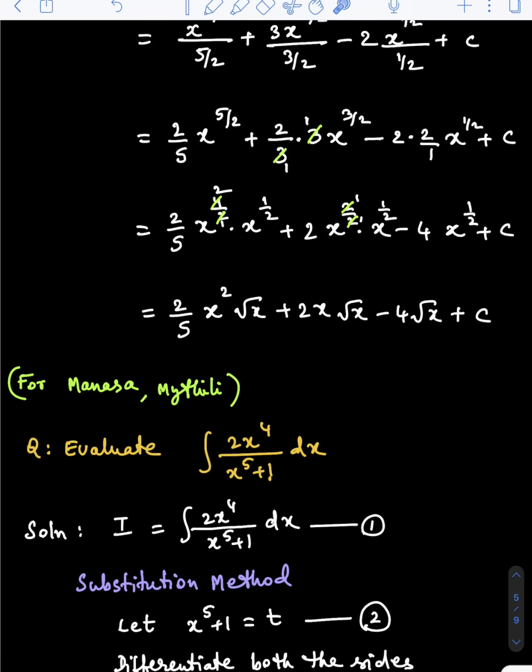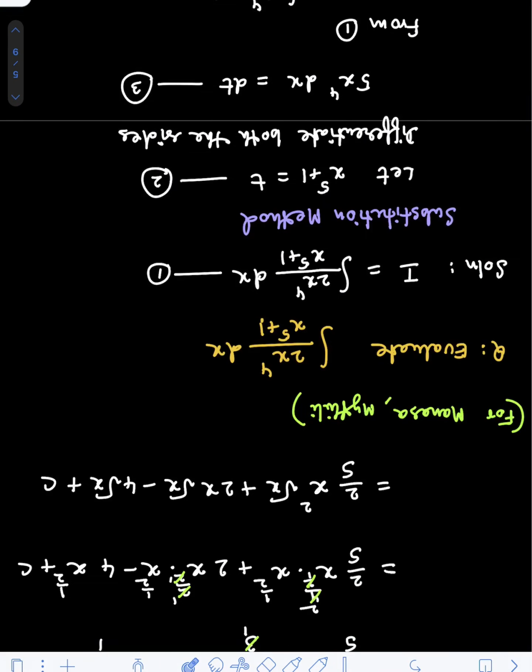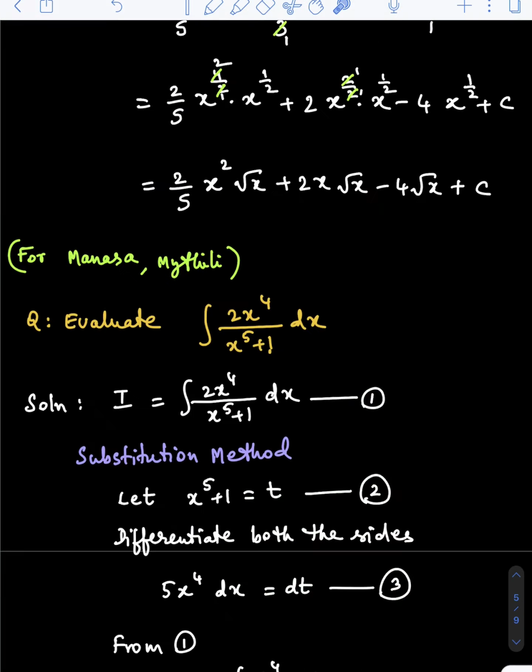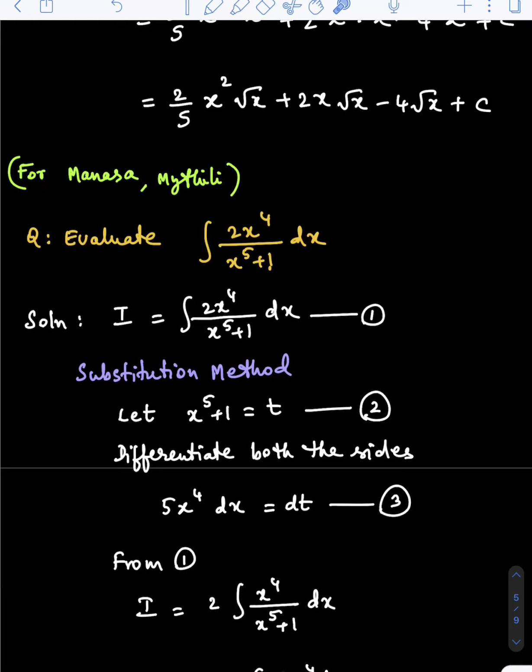So substitution method means we have to go with x power 5 plus 1 is taken as t in it. X power 5 plus 1 is taken as t. So differentiate both the sides. We get 5x power 4 dx is equal to dt.